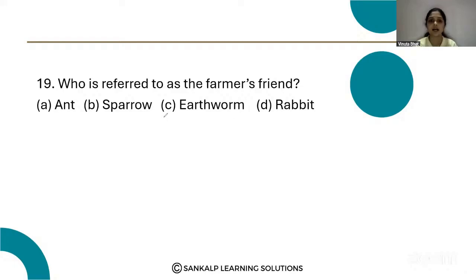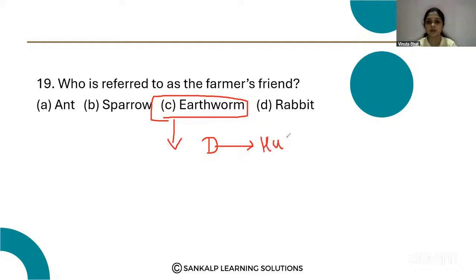Earthworm. Why is earthworm called the farmer's friend? It feeds on the detritus, right? Detritus, dead and decaying material, it feeds on that. So like plant leaves and all, and that releases some organic matter to the soil, right? For example, humus is released.